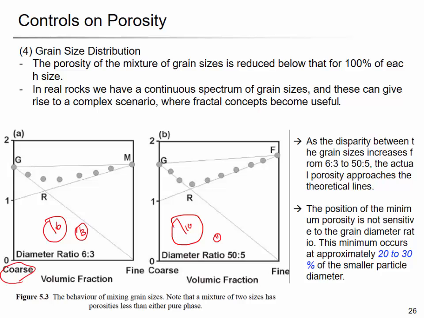So when the coarse grain is 100%, when the fine grain is 100%, and as you go to the center, it's 50-50, right? And these dots are showing the final porosity after the mixture, after you mix it thoroughly. And you can see that it's always lower than the pure porosity.